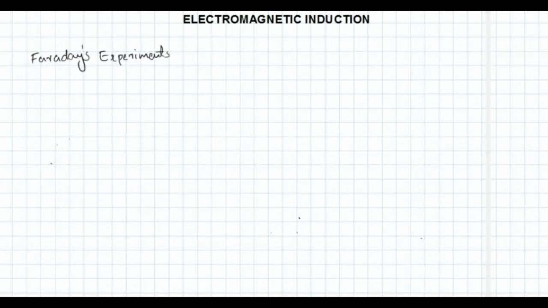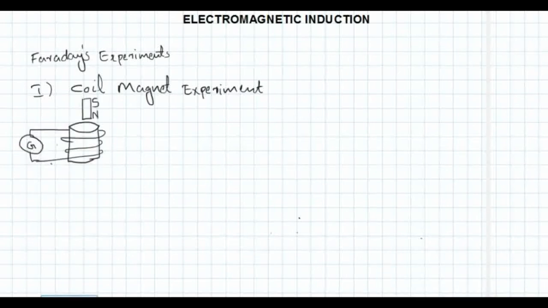Now actually there are two types of Faraday's experiments. What we have seen is called the coil magnet experiment. There was a coil and there was a bar magnet, and the relative motion between these two produced an induced current. This was the case, and in this case again there were two sections.